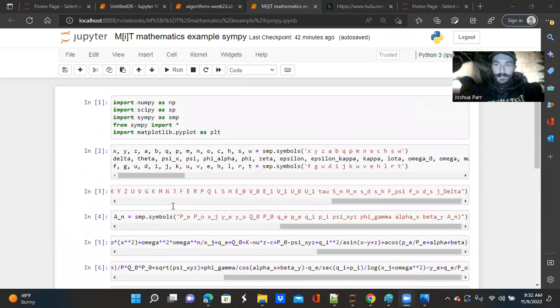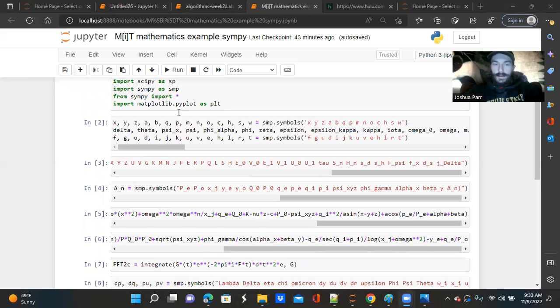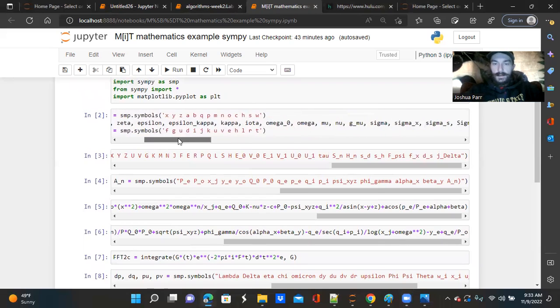So what I am doing here, I whipped up the old Jupyter notebook and I have imported NumPy as NP, SciPy as SP, SymPy as SMP, and from SymPy I'm importing everything, star, and import matplotlib.pyplot as PLT. And I then started creating a whole bunch of SMP symbols.